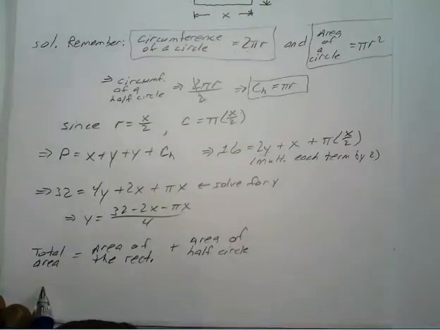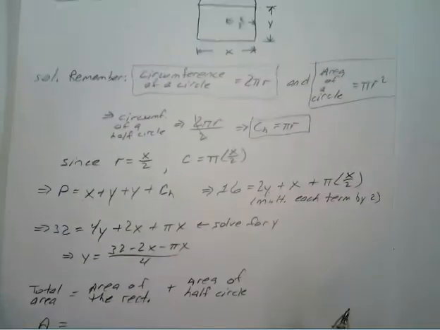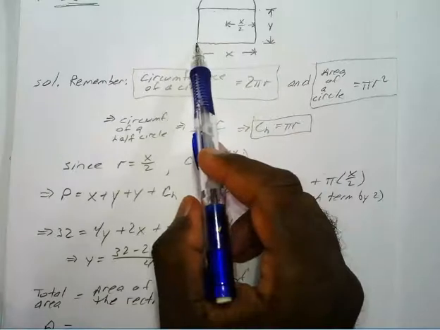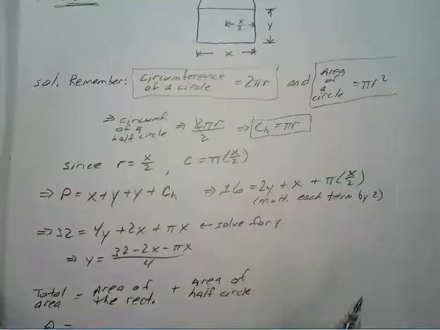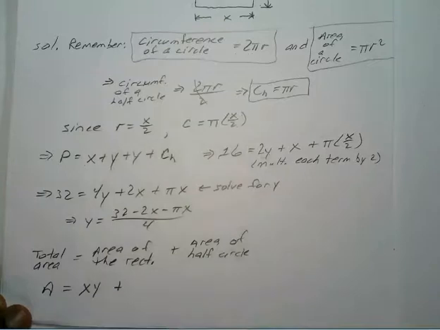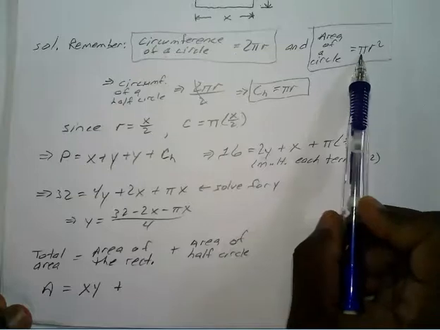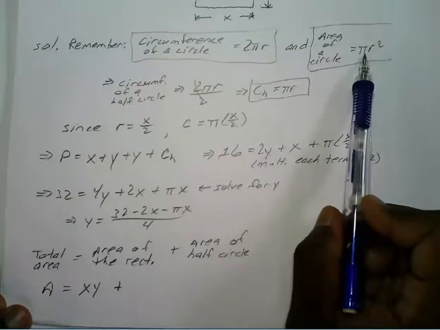All right, so that total area would have to equal the area of the rectangle. Remember, the area of a rectangle is the length times the width. So the area of just the rectangle is x times y. You have x times y plus the area of the half circle. Now the area of a full circle is pi radius squared. So the area of a half circle is just that divided by 2.